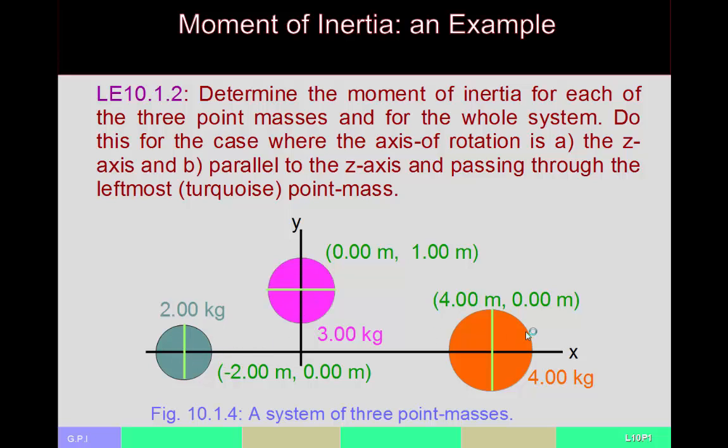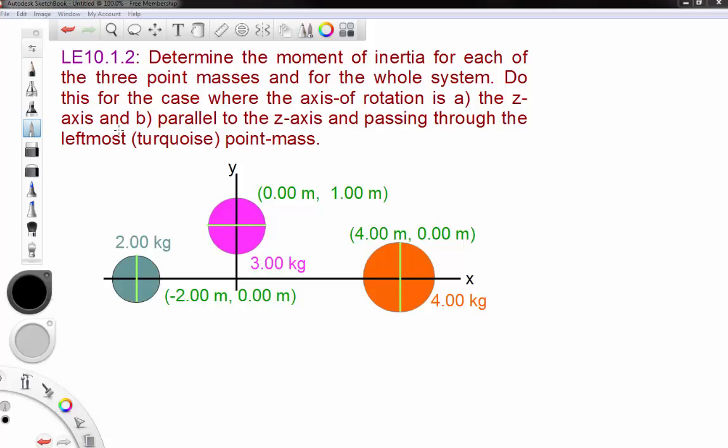So each of these basically is representing a point mass for this example. So the system's rotational inertia can be found as follows. The total moment of inertia for the system is given by the moments of inertia for object 1, object 2, and object 3. We'll label these 1, 2, and 3.